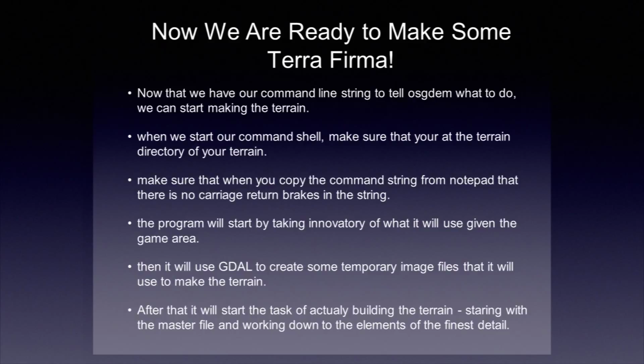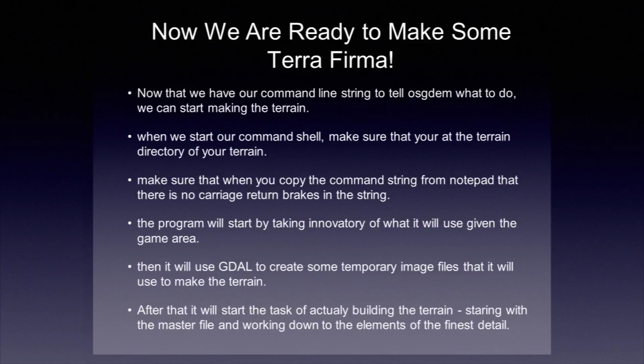So we're finally at the point, a moment of truth. We're ready to make some data. We're ready to make our database. We have our command line string all ready to go. We open up our command line shell in the terrain directory for the terrain itself.